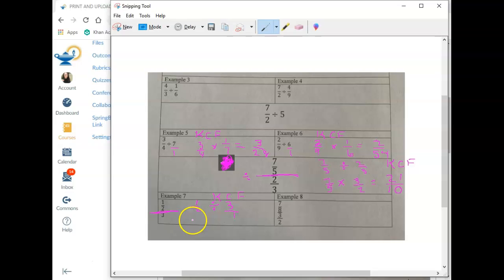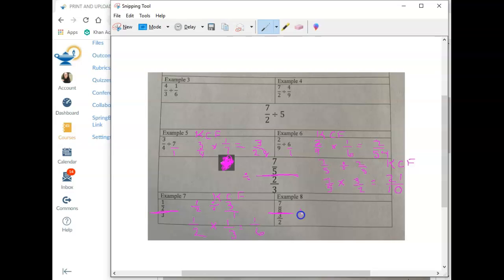I keep 1/2 the same. I change division to multiplication, and then I flip the second fraction. 3/1 is going to be 1/3. Okay, that's going to equal 1/6.